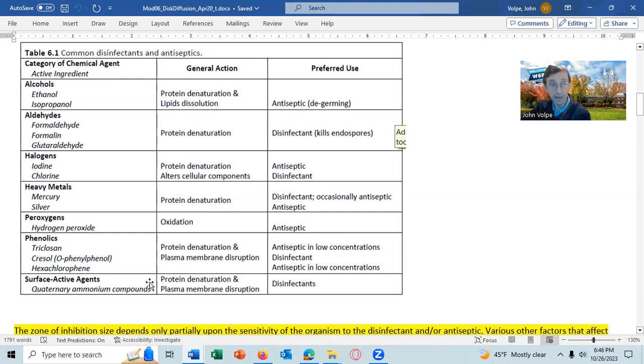And then surface active agents, these are the new things, quaternary ammonium compounds that hospitals use. They're a very good disinfectant, and they can be used to clean surgical agents or things like that you wouldn't want to put in an autoclave. All right, any question about any of that?